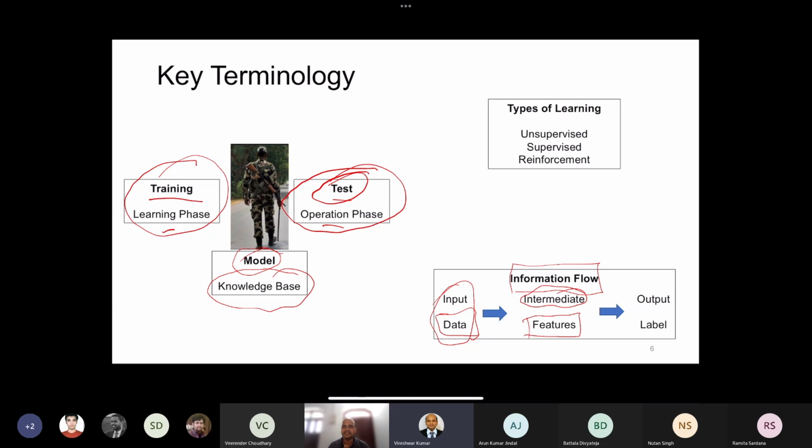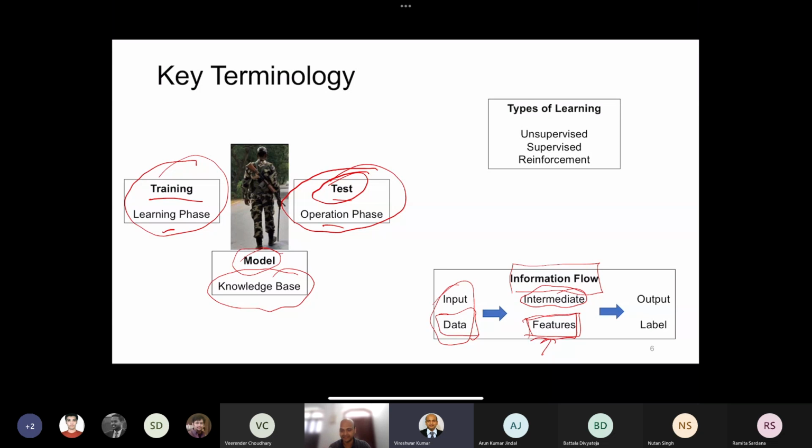So you have to come up with an intermediate processing step which can take something common to an image, to a speech, and to network traffic data. All of them look very different, but what we try to do is extract some features.